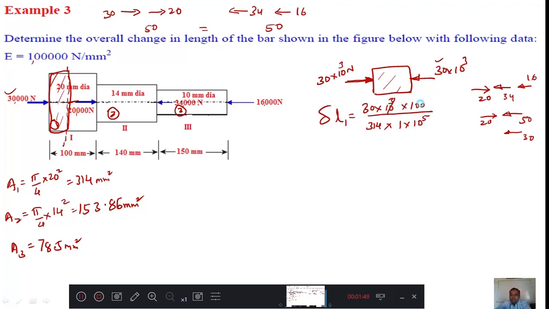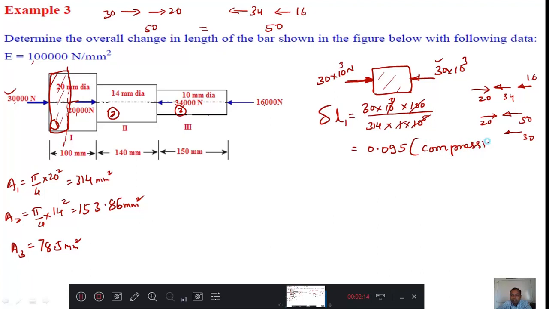This is 3 zeros, 2 zeros, 5 zeros, this cancels. Therefore 30 by 314 is the answer. 30 by 314 is 0.095. 0.095 is compression. We will write it in the bracket.